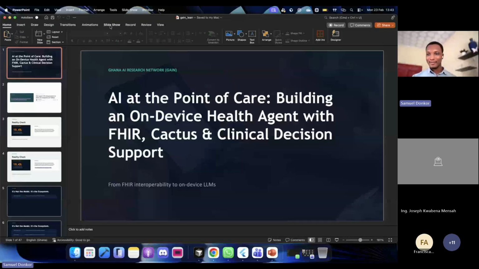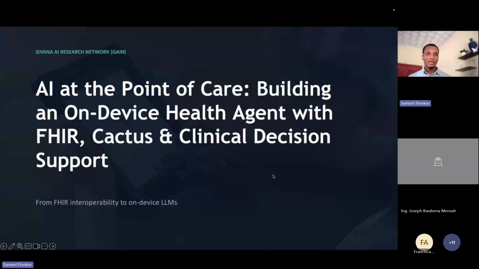All right. Yeah, so the topic for today is AI at the point of care. Basically, what we'll be doing is building an on-device healthcare agent with FHIR. You can think of FHIR as a data structure that stores standardized health information. We'd also be using Cactus.